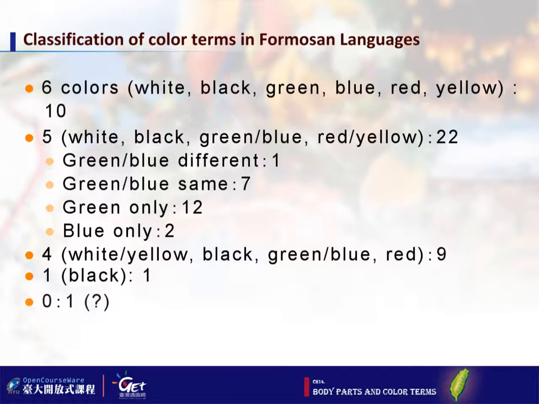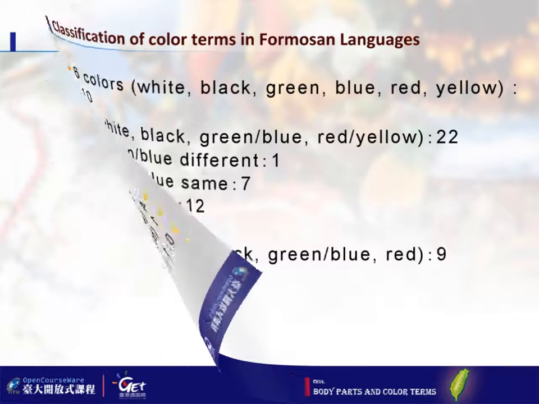Okay, and other minor 4 colors, 9 languages would have 4 colors, and green and blue considered 1. And sometimes white and yellow will be the same term. Okay, 1 black and 0 language would have 1. So I think this is a little bit strange. So they just couldn't come up with the color terms.